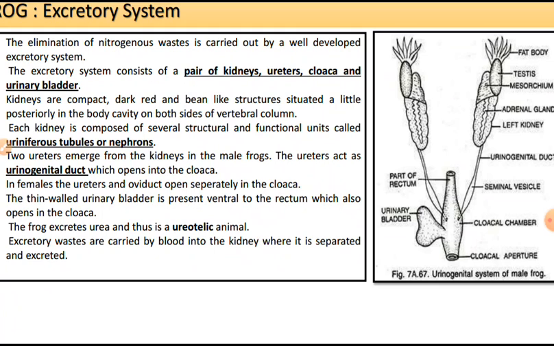It reaches the urinary bladder through the collecting canals and the ureters. The urinary bladder temporarily stores the urine and periodically it is sent out through the cloacal aperture. This is the physiology of excretion in the frog.